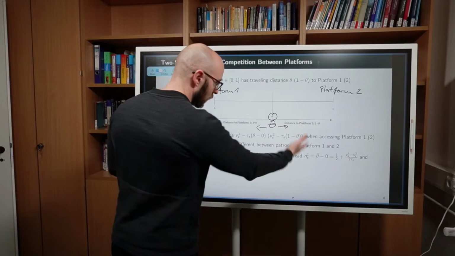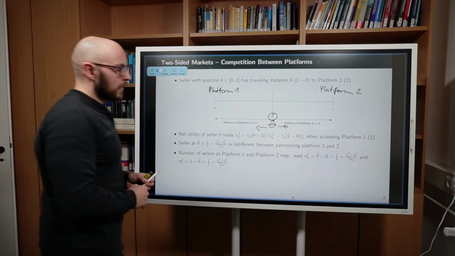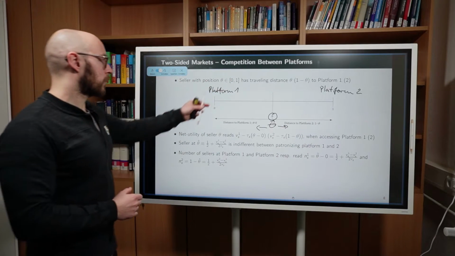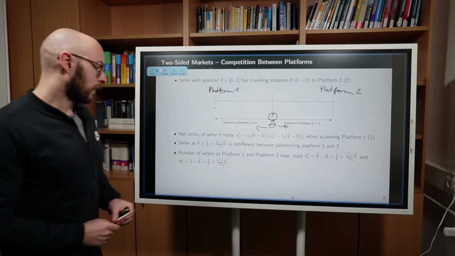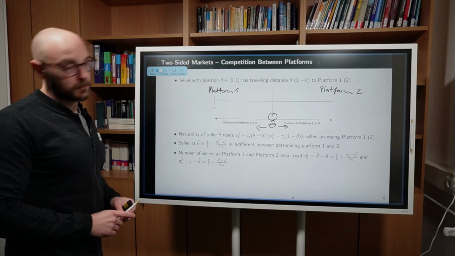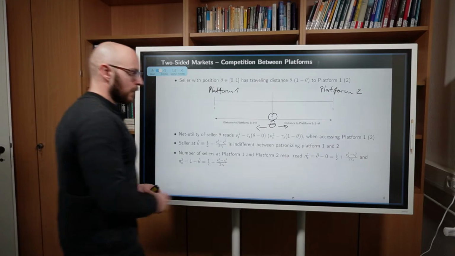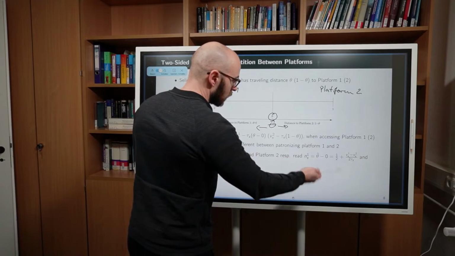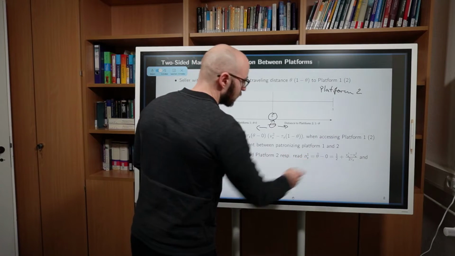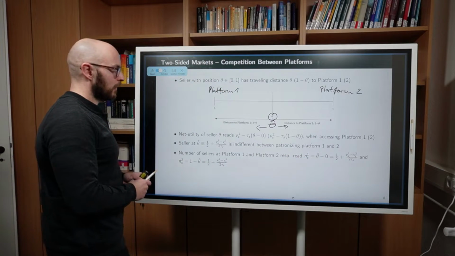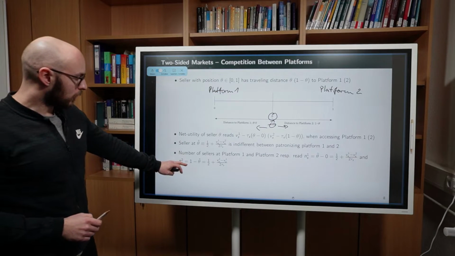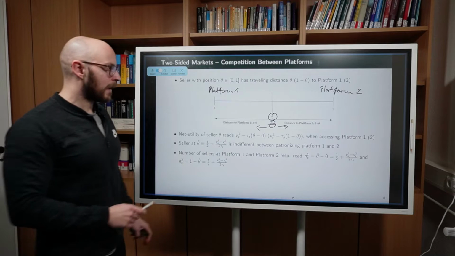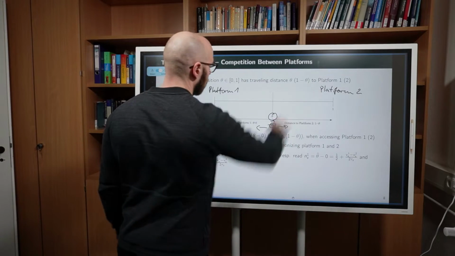In other words, all the sellers to the left of the indifferent seller will patronize platform 1, and all the ones to the right, and this is down here, will patronize platform 2, right? So theta hat minus 0, in other words theta hat, are the ones who patronize platform 1, and 1 minus theta hat are the ones who patronize platform 2.